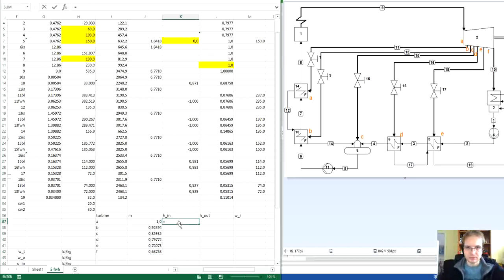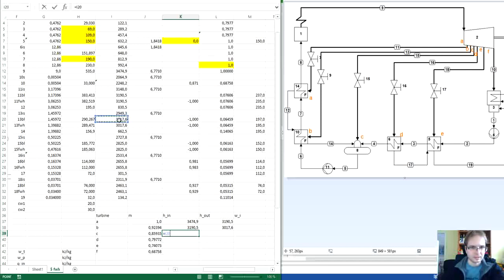Now we will put together into this table, just for clarity, inlet and outlet enthalpies of these sections. So the section A has the inlet enthalpy from point 9 and outlet enthalpy from point 11 bleed. Point B starts at this 11 bleed and outlet is 13 bleed.